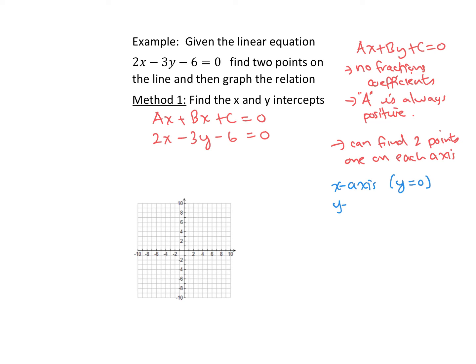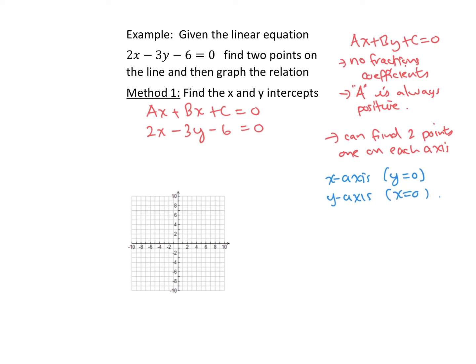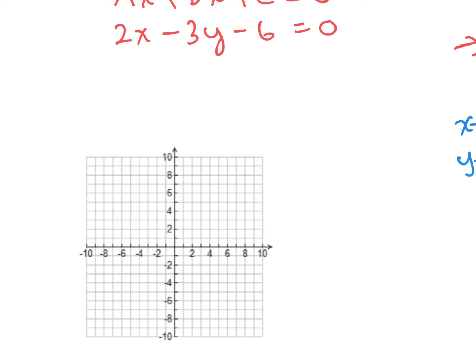All the points on the y-axis, the x will be 0. So if you think of this table here, every point on the x-axis has a coordinate of y is 0. So this point is 1, 0, 2, 0, 3, 0, 4, 0, and so on.